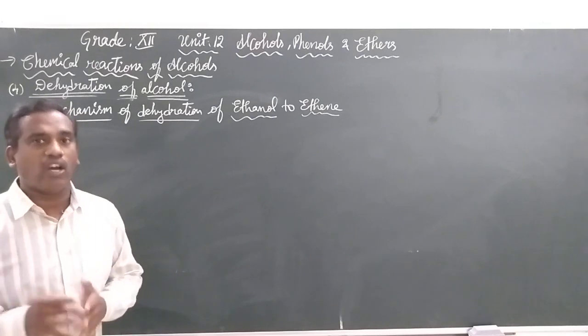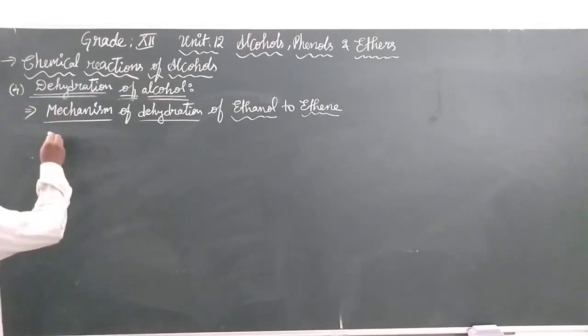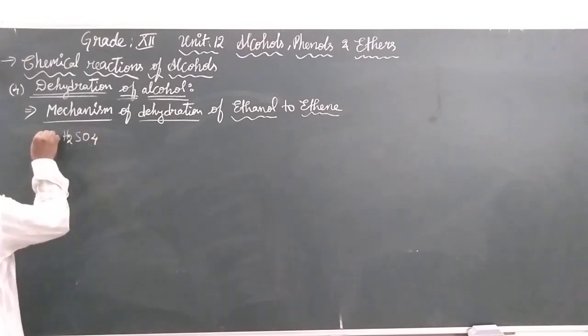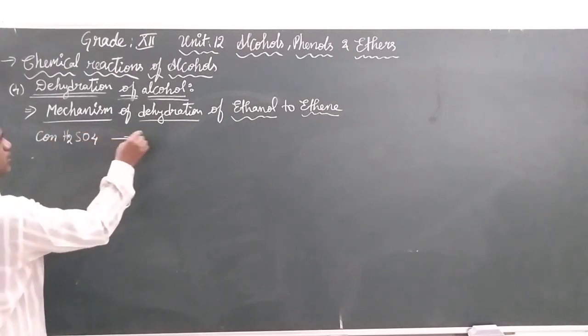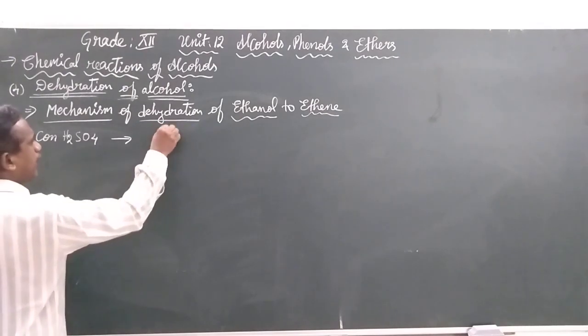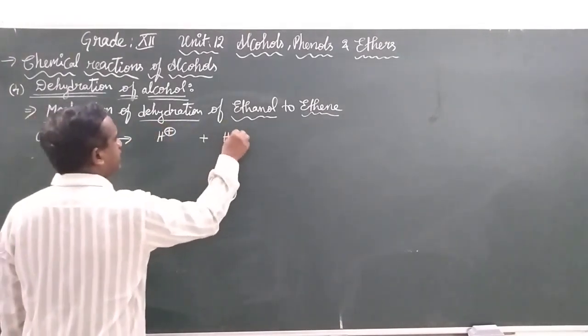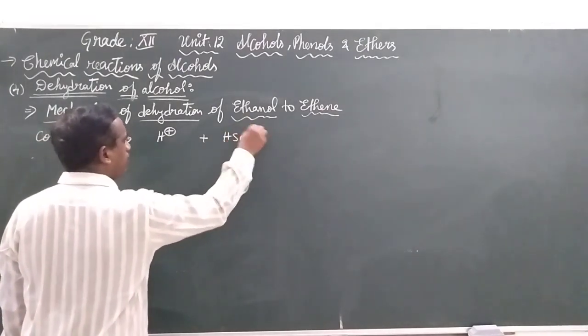That will give the H plus ion. So H2SO4, which we had used, is going to give H plus ions and the remaining byproduct is HSO4 minus.